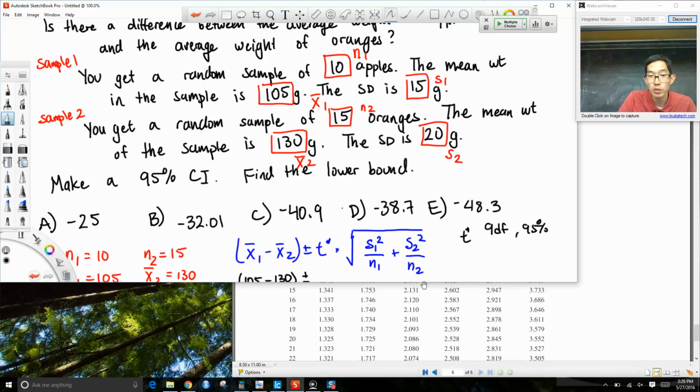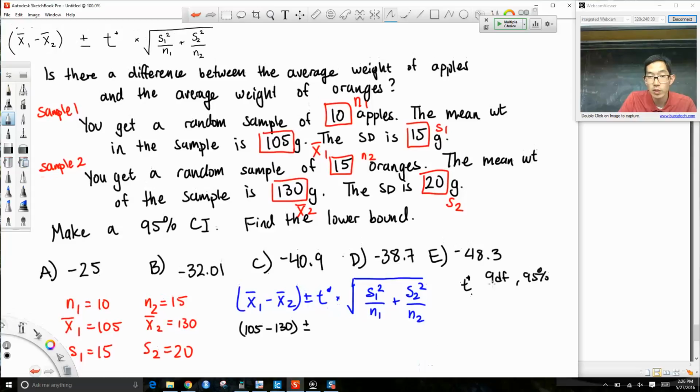So t star is 2.262, times the square root of 15 squared over 10 plus 20 squared over 15.